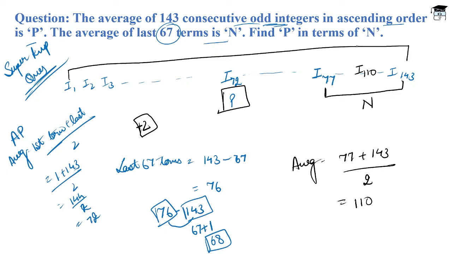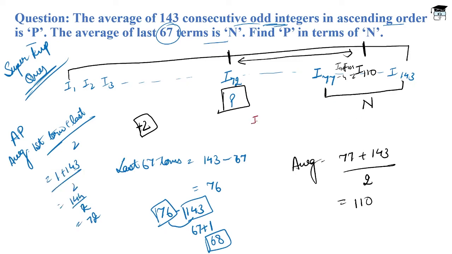So we know P, that is I72, and we know N, that is I110. Now, from I110 we get I109, I108, all decreasing by minus 2, minus 4, like this, N minus 2, because they are consecutive odd integers.